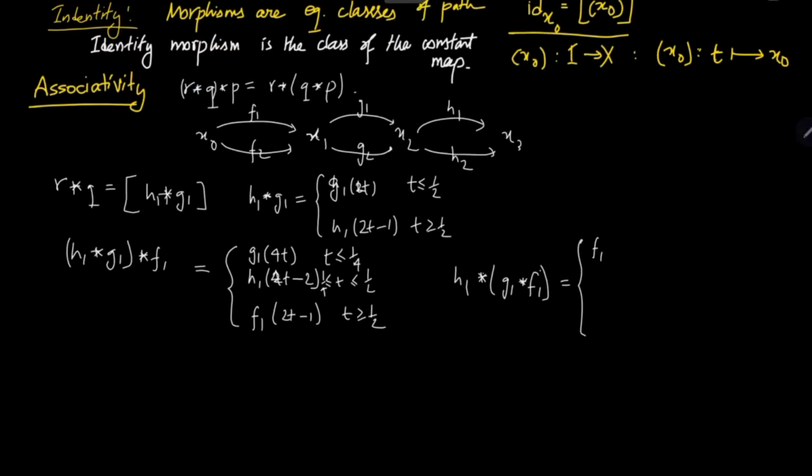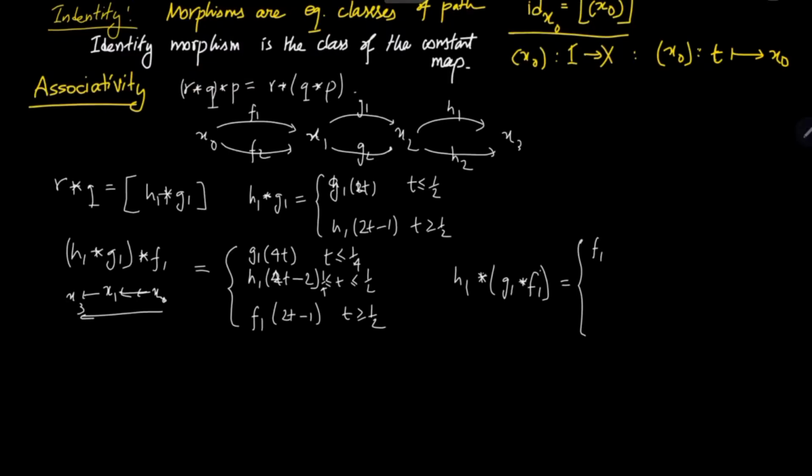Just wait up a second. What exactly is going on? Are we writing things properly? This guy goes from x1 to x3, and this guy goes from x0 to x1.